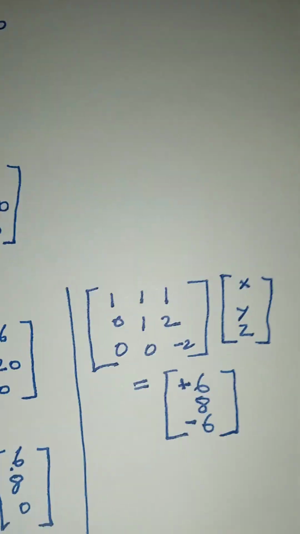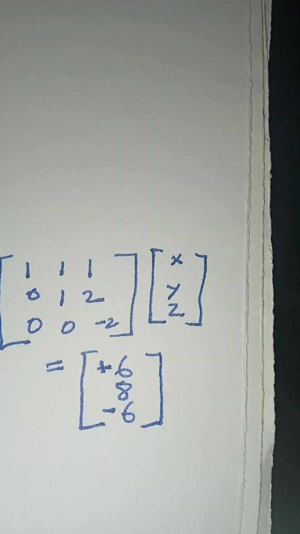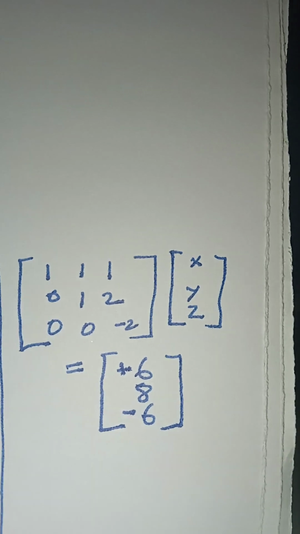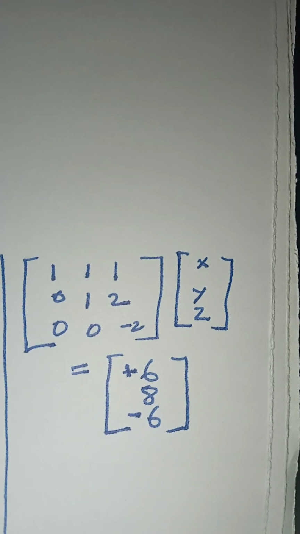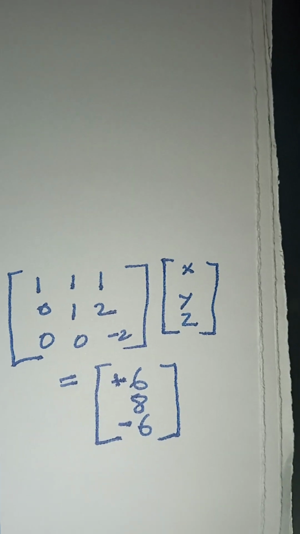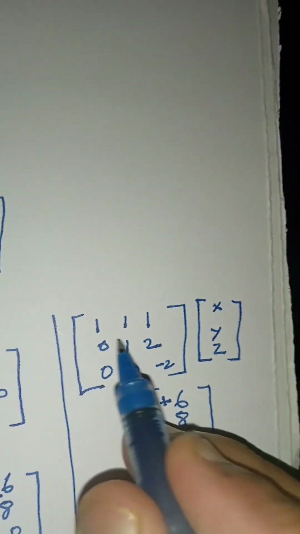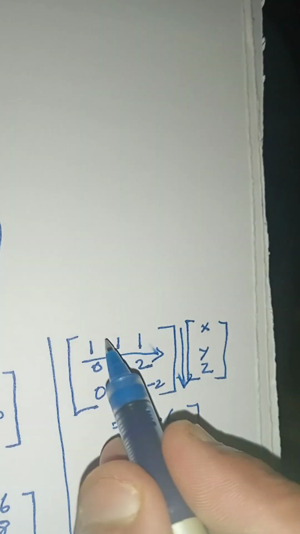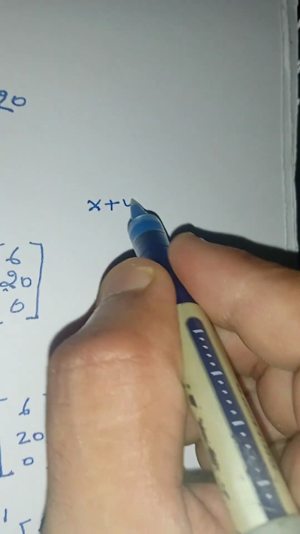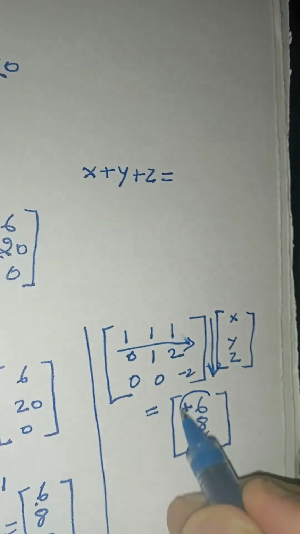Now what we are going to do next is simple expansion by simply multiplying it. You just have to multiply this row by this column. So you get your equation, 1x, 1y and 1z, so x plus y plus z is equal to 6.